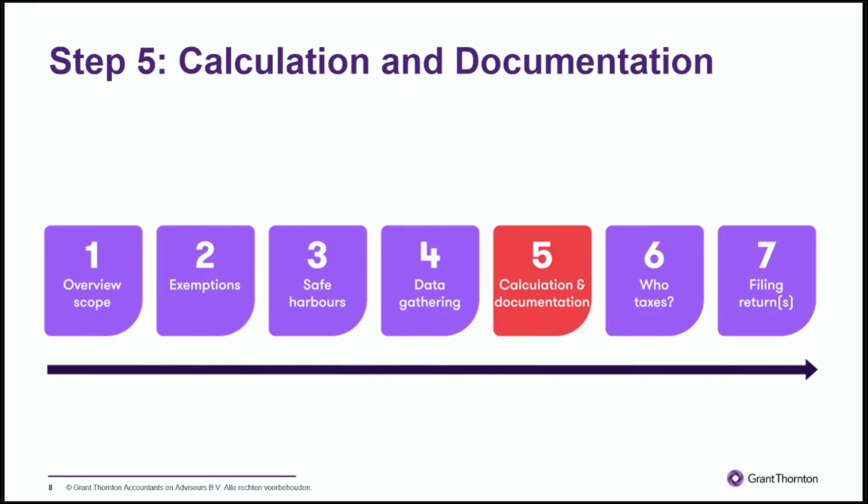If we take a look, let's see how the top-up tax is calculated. Sure. If we take the minimum percentage of 15% and we deduct from it the ETR in that country, per country, so let's say 12%, you have a rate of 3% which is relevant for your top-up tax.